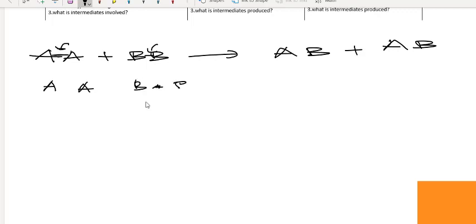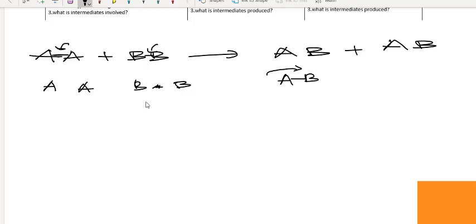So there is no more bond. To form AB, A and B must form a bond. So the bond will be formed and the bond in the reactant will be broken.